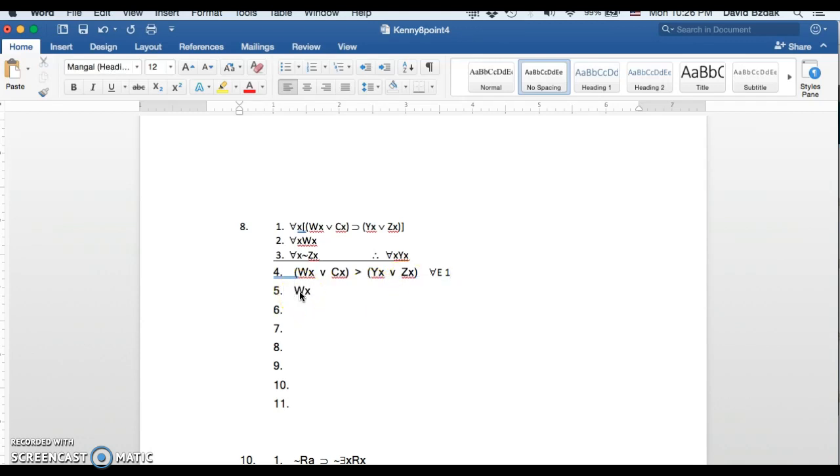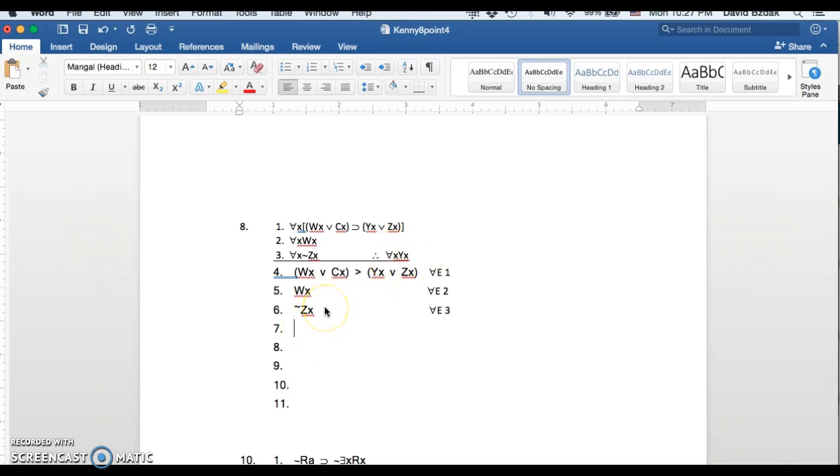From 2, we get Wx. Universal elimination of 2. We get not Zx. Universal elimination of 3. And again, remember, we're leaving the x's in because we're doing a universal introduction, and we want to show that any letter we put in here would lead to the conclusion that x is a y, and that allows for the last step, the universal introduction.